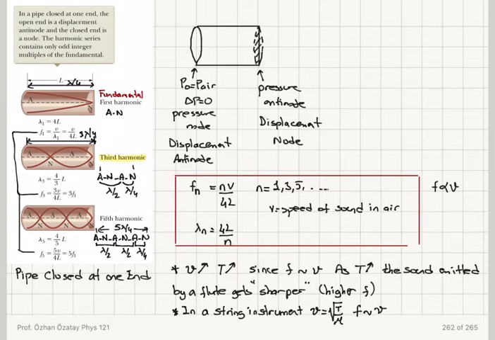Frequency is still directly proportional to the propagation speed, but because of thermal expansion as temperature increases, the tension T decreases sharply.